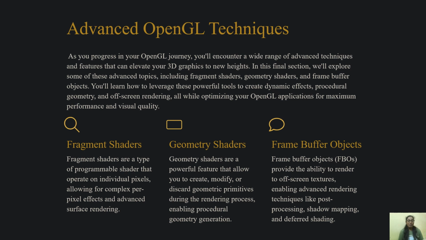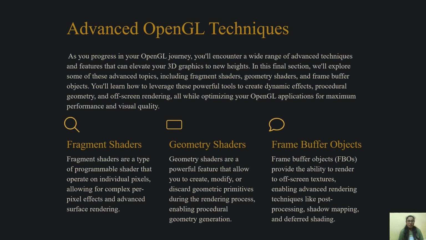We have fragment shaders, geometry shaders, and framebuffer objects. Fragment shaders are a type of programmable shader that operates on individual pixels, allowing for complex pixel effects and advanced surface rendering.